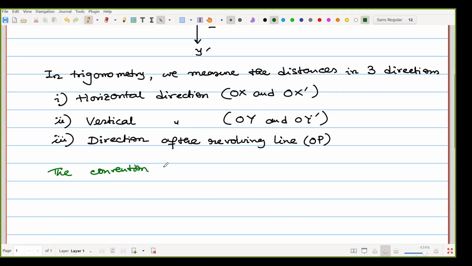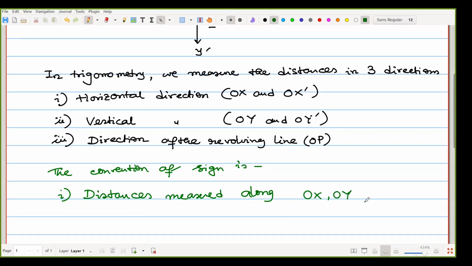So the convention of sign is always the distances measured along OX, OY, OP are positive.